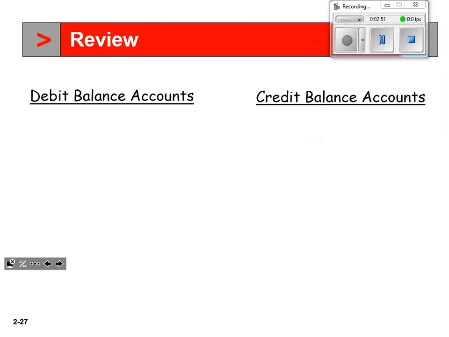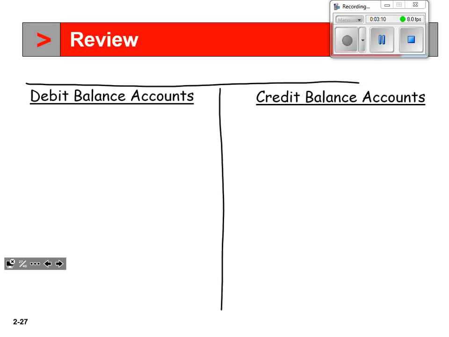I thought it would be a good time to just review which accounts have debit and credit balances. We talked about that earlier in the week, but I think just listing it somewhere would be good. Again, this is a homemade slide. Debit balance accounts. Now keep in mind, debit means left, credit means right.